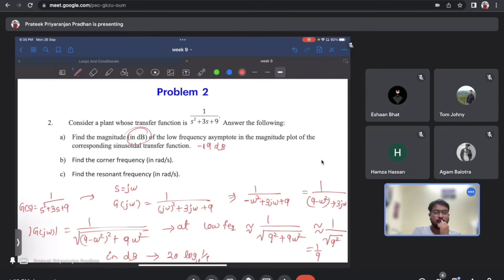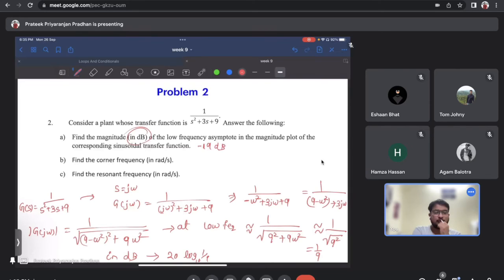So in low frequency, we have already calculated that the magnitude is 1 by 9. In high frequency, what happens? Simply, we need to analyze. We are engineers. We have chosen to analyze different problems.